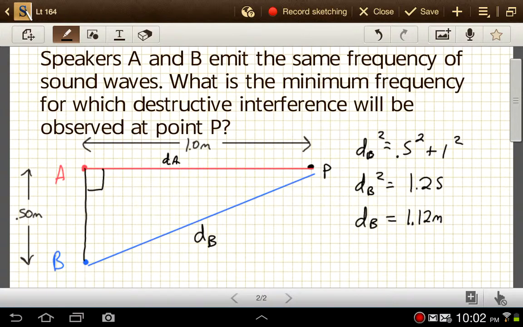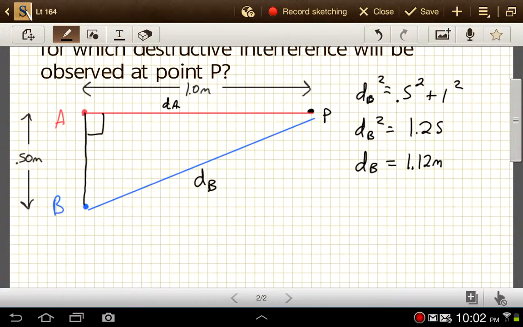Okay, so our path difference, our delta D, or sometimes it's written as delta R, the difference between these two is going to be 1.12 meters minus 1 meter. It's just this distance minus this distance. So that's got to be 0.12 meters.